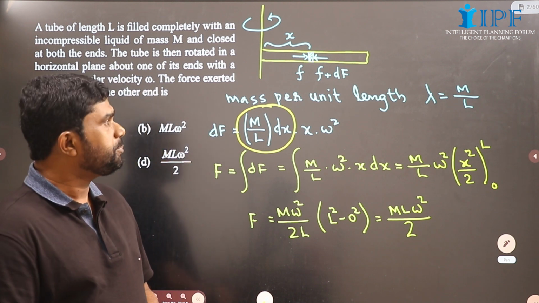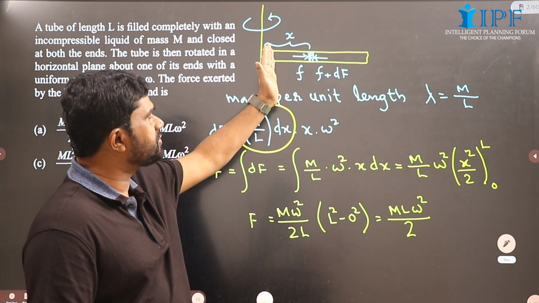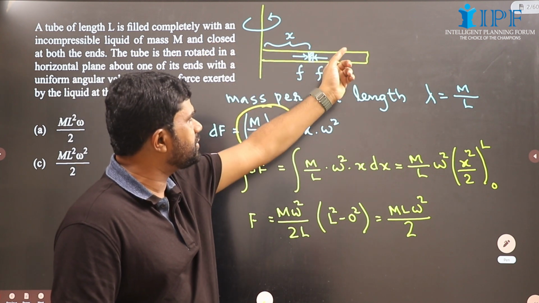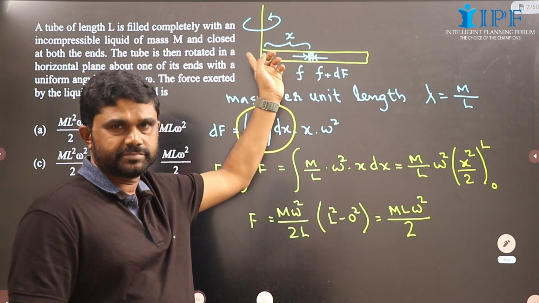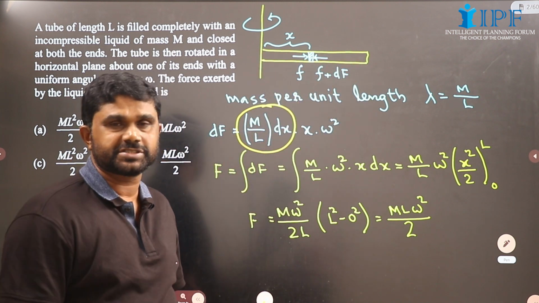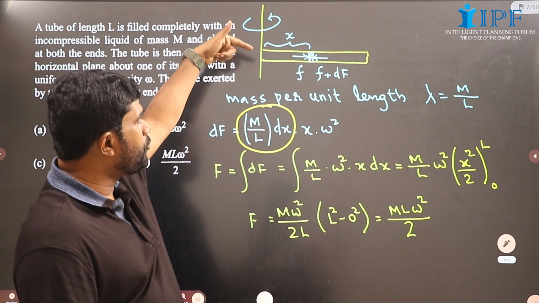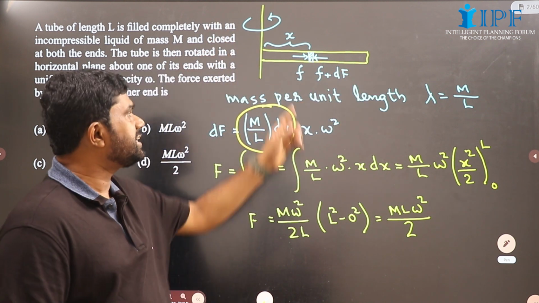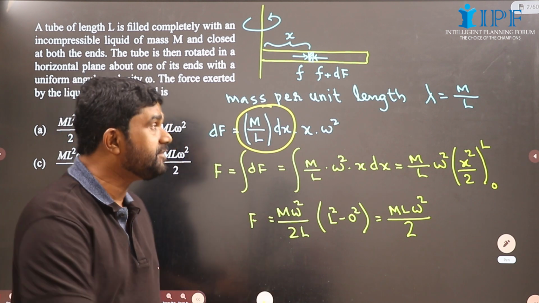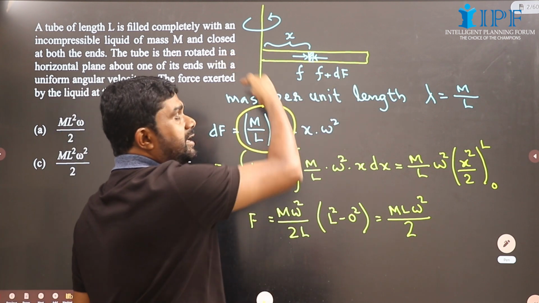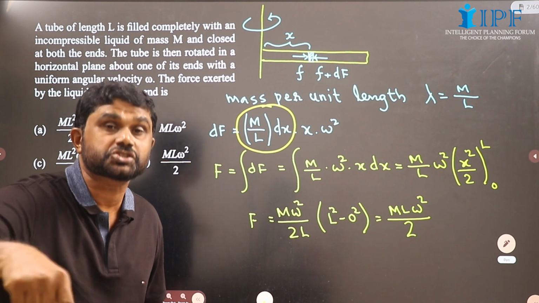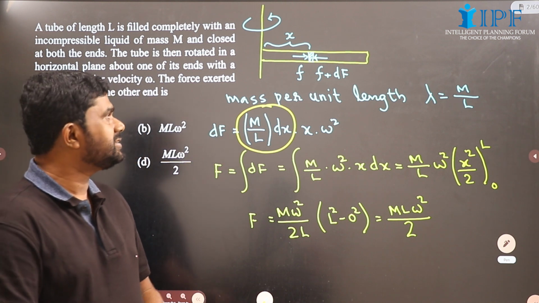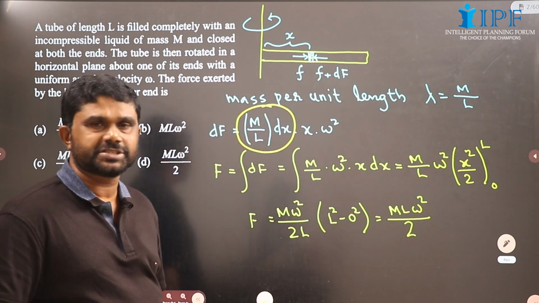Suppose the liquid on the left side of this element exerts a force like this, and the liquid on the right side of that element exerts a force like this. The resultant force must be towards the center. So the force acting from left to right is F, and the force acting from right to left must be stronger, F plus dF, because then only the resultant force will be directed towards the center.